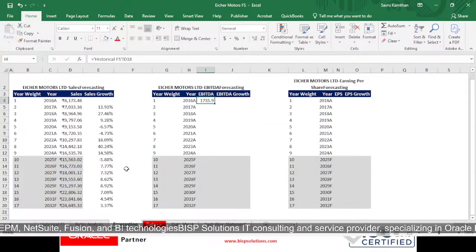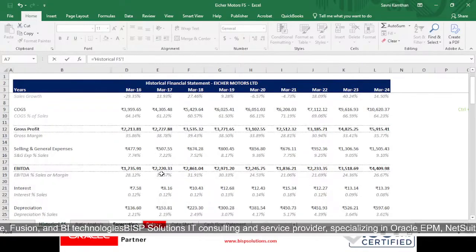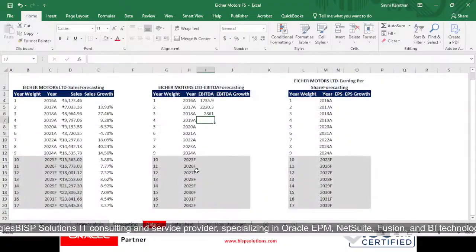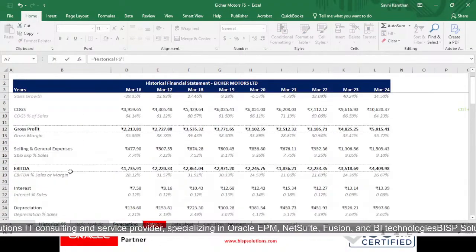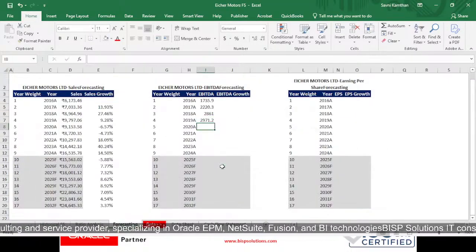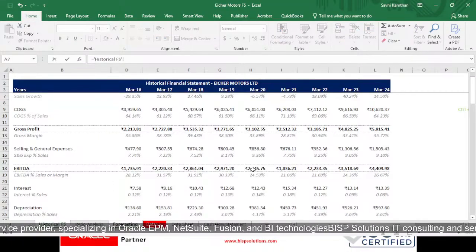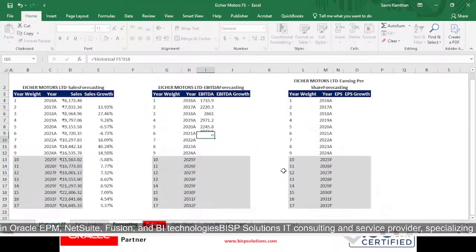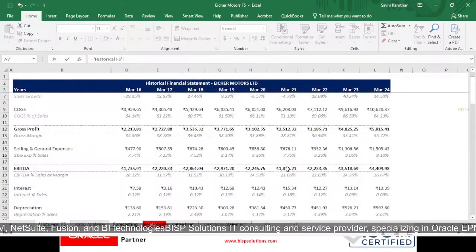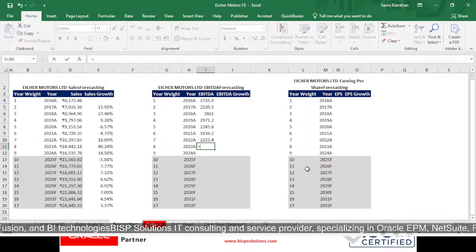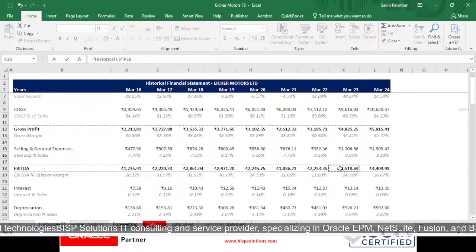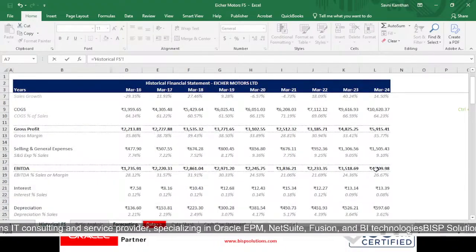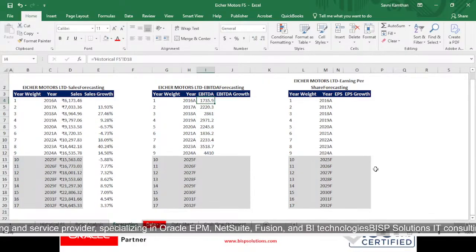Again and again the same thing will be done, equals to 2019, equals to 2020, equals to 2021, equals to 2022, yeah, and equals to 2023 is this, and equals to 2024 is this, right? Now we will do formatting.